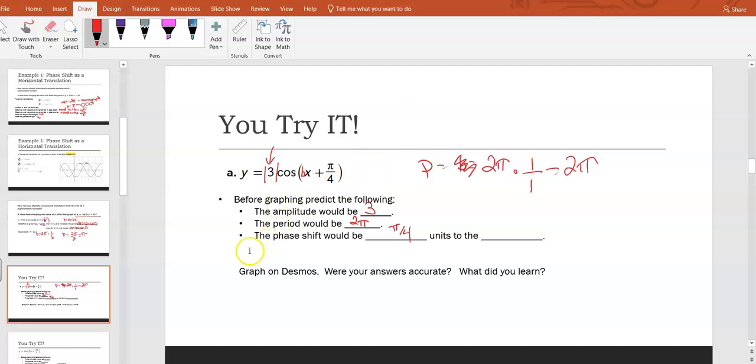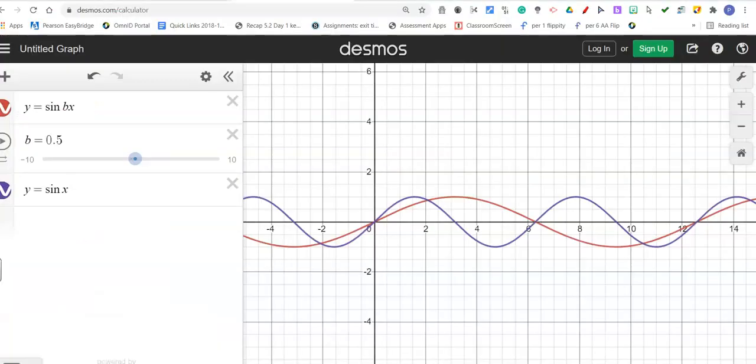Do you want to check that out to make sure? Plus is always to the left. And you can graph on Desmos just to double check.